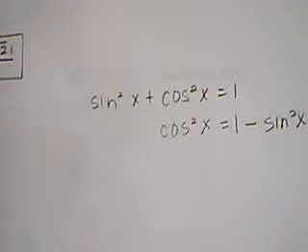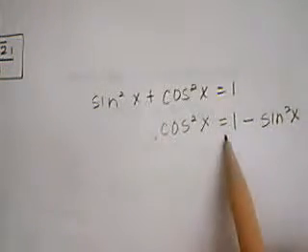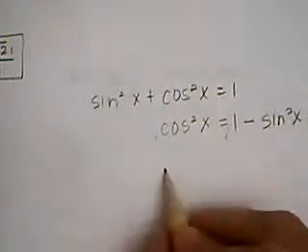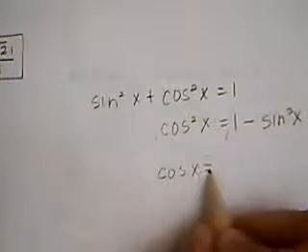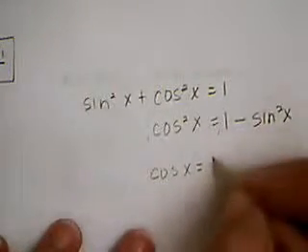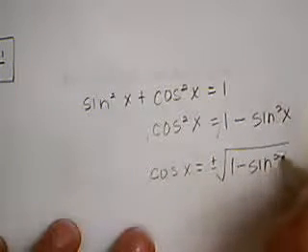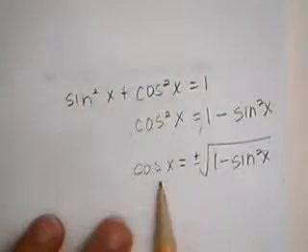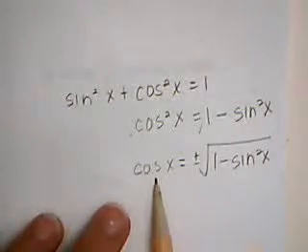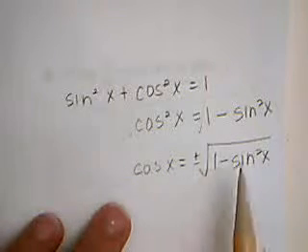How do I solve for just cosine? I take the square root of both sides. So I would have cosine of x is equal to plus or minus the square root of 1 minus sine squared of x. So I've just basically here rewritten cosine in terms of sine.